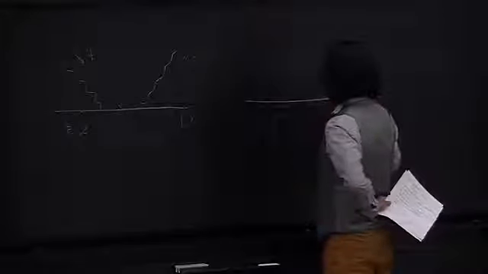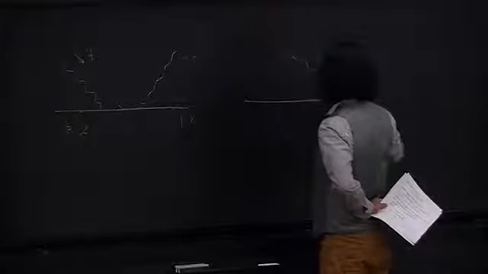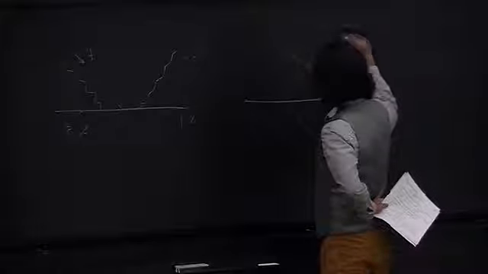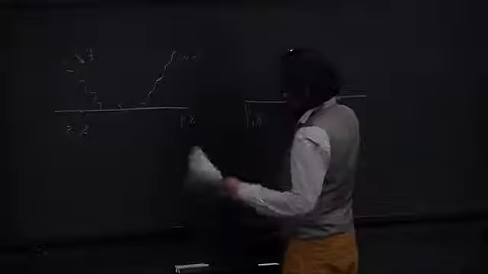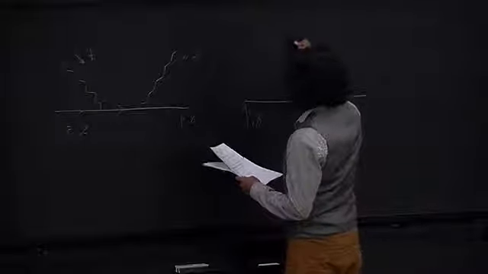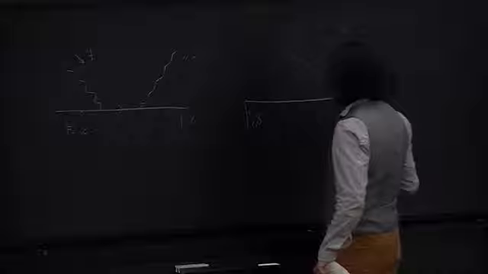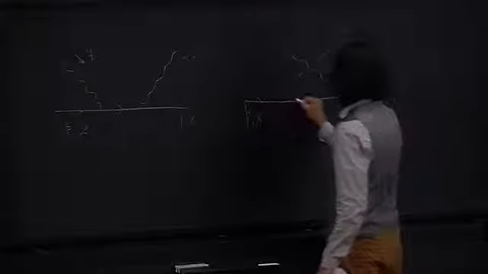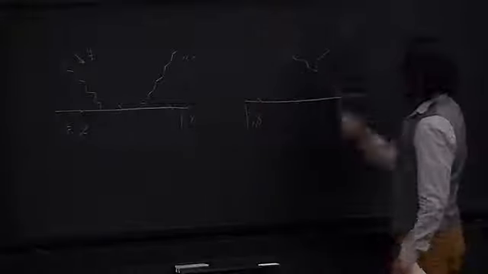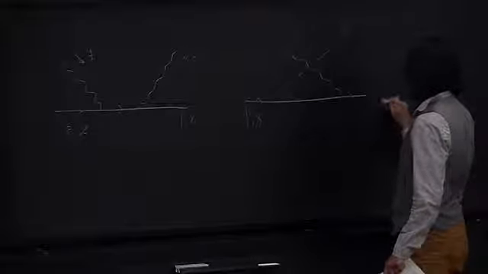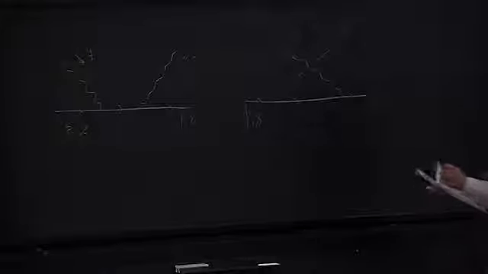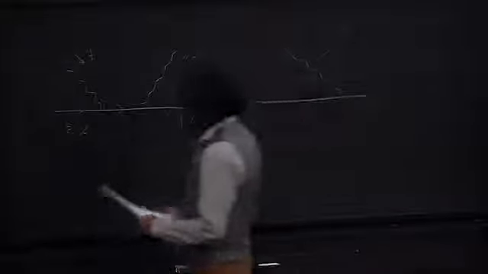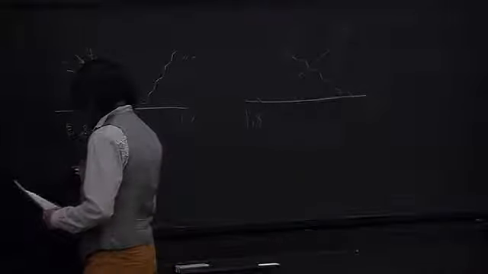In another diagram, the photon Q prime is emitted first, and then the Q photon is absorbed. Okay. So these are very easy. What is the amplitude? Let us write the amplitude.